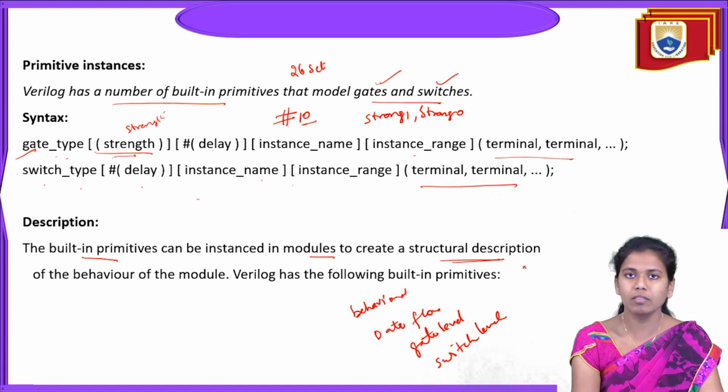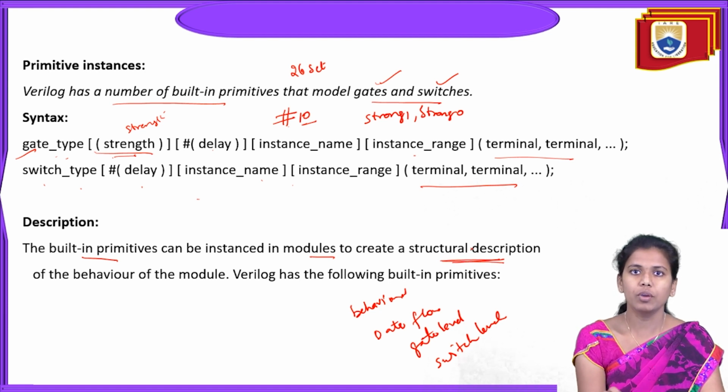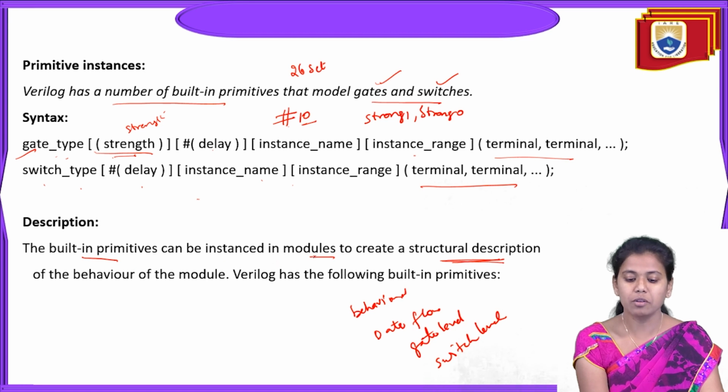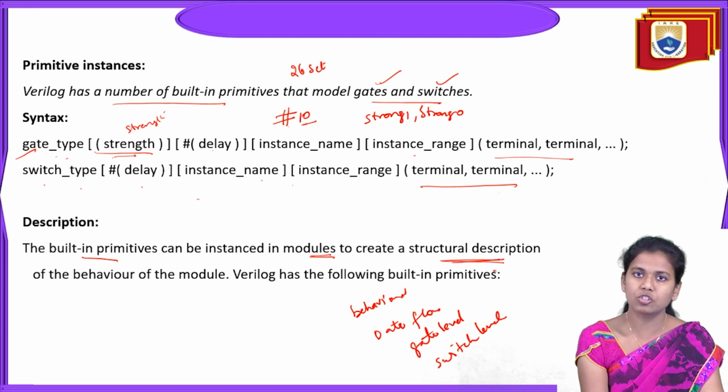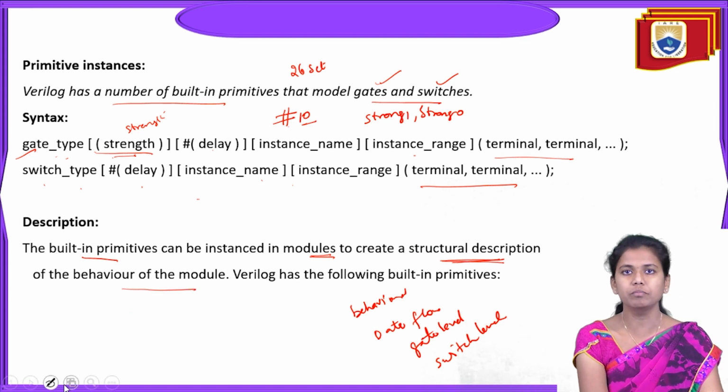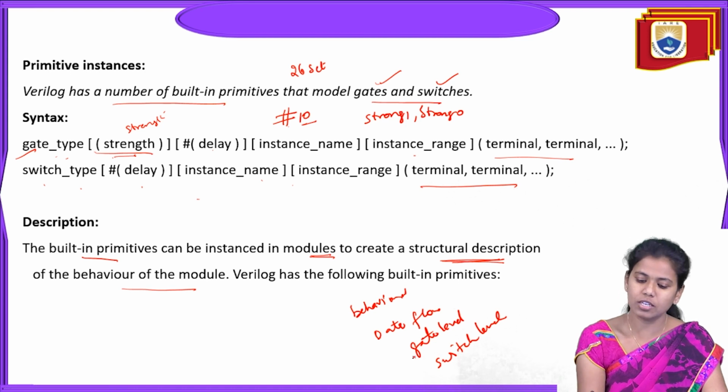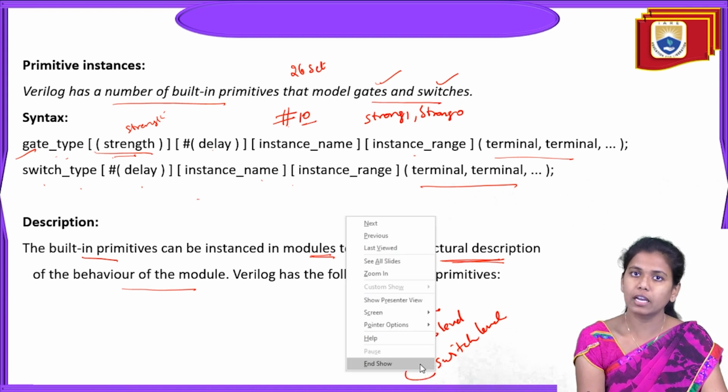Here, in the description of the primitives pertaining to the switch as well as the gate primitives, we use these built-in primitives just to create a structural description. The built-in primitives can be instanced in modules to create the structure of that particular module. So here the structural description comes with gate level.